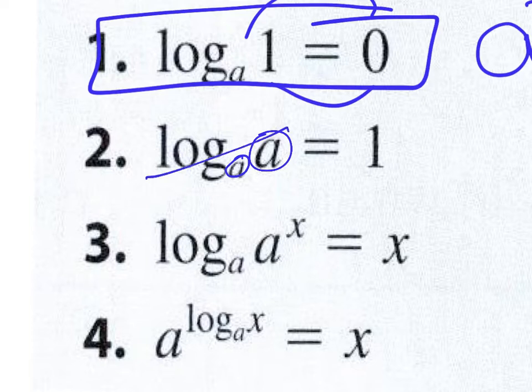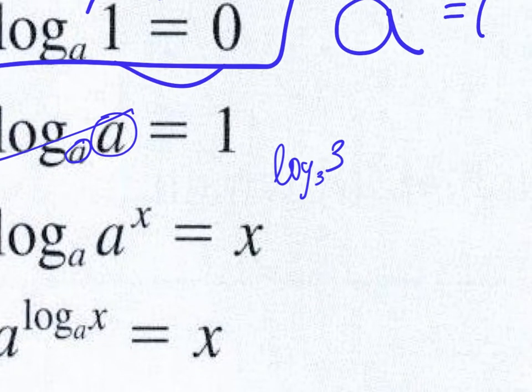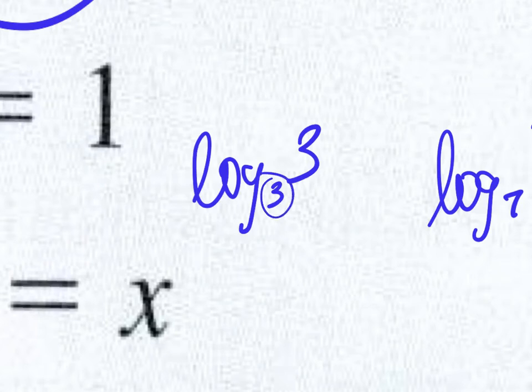They cancel out. So your answer is 1. So if you had like log 3 of 3, what's your answer? 1. If you had log 7 of 7, what's your answer? 1. The reason why is this little 3 becomes the base, right? So it's 3 to what power gives me 3? What is it? 1. That's why they cancel out.